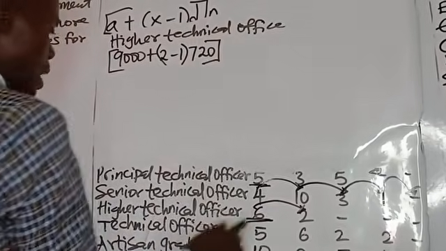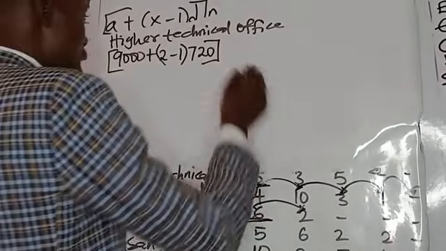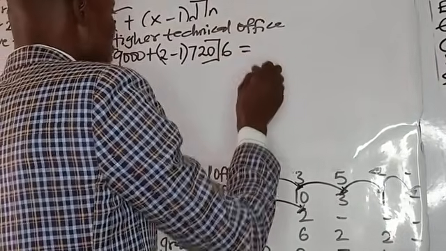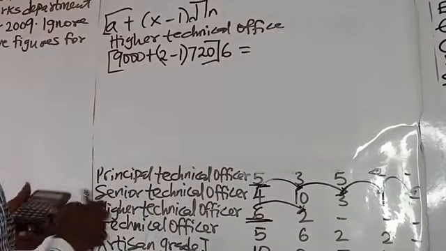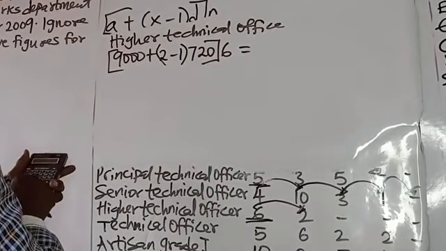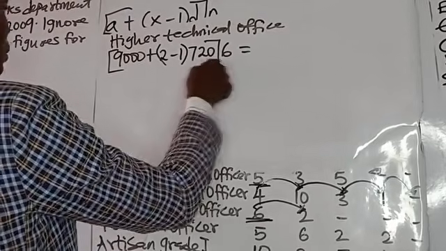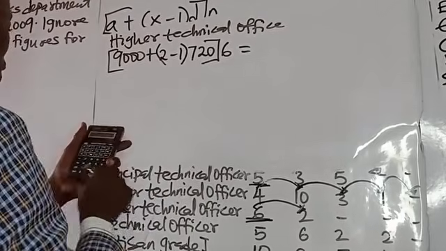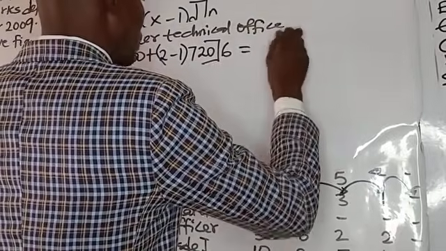And how many employees? 6 employees. 2 minus 1, that is 1. 1 times 720, that is 720 plus 9,000, that is 9,720 times 6 employees. 58,320.